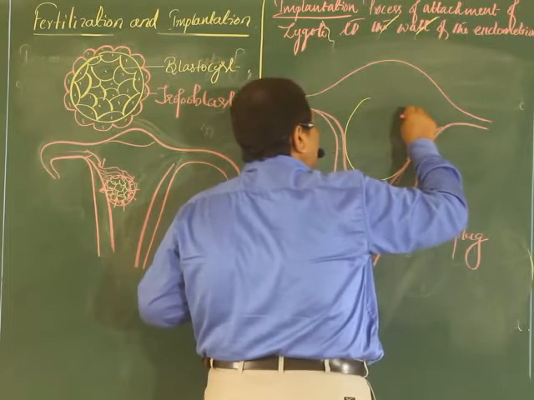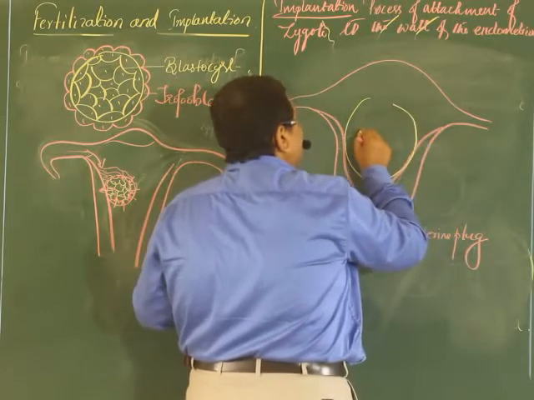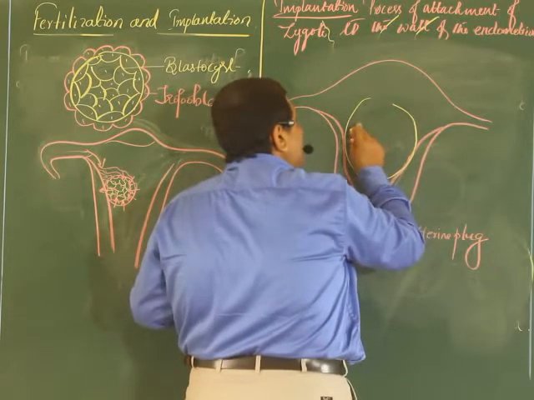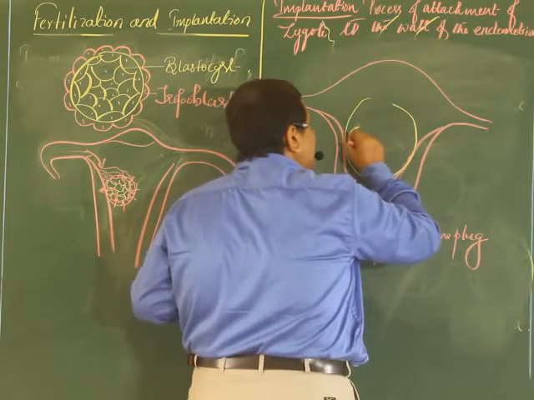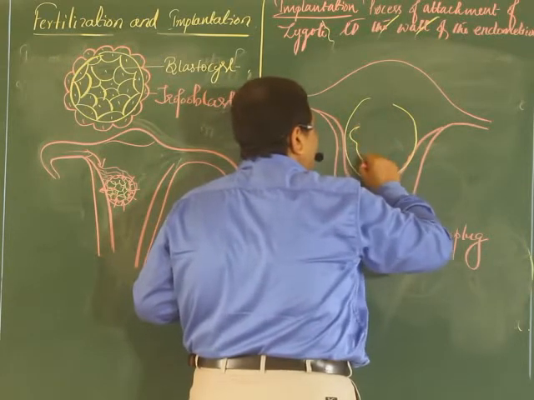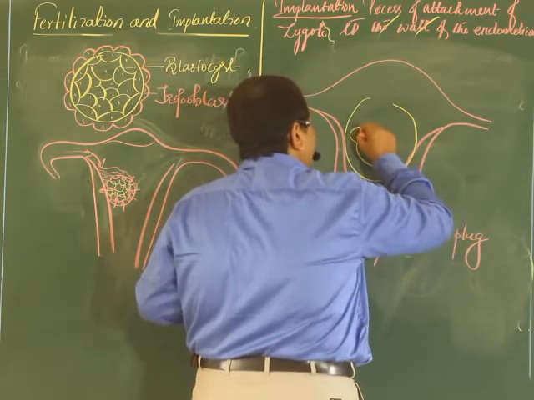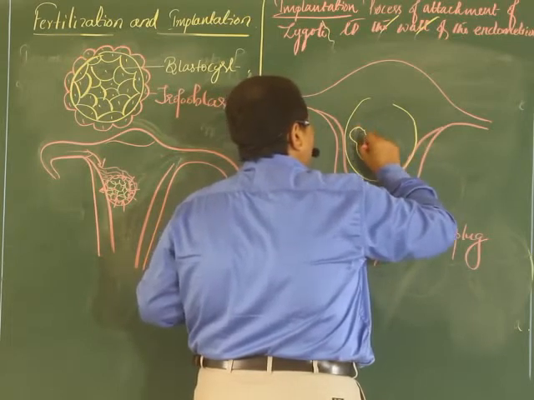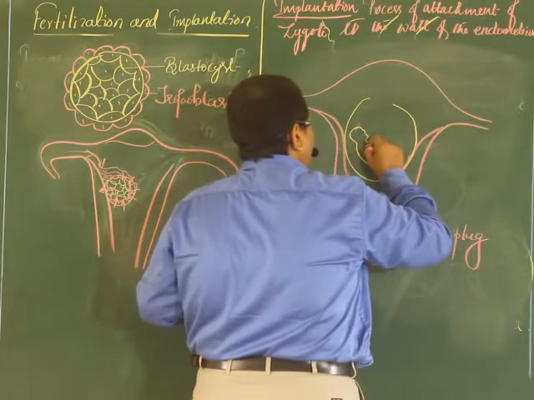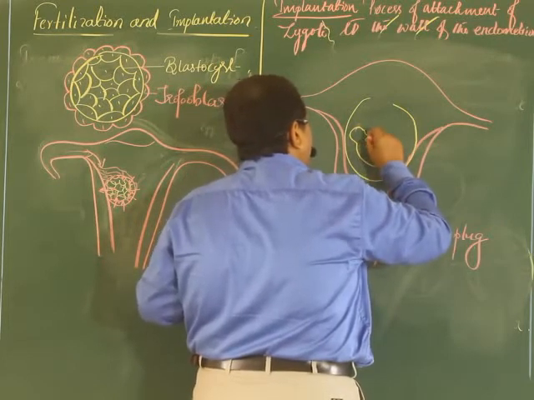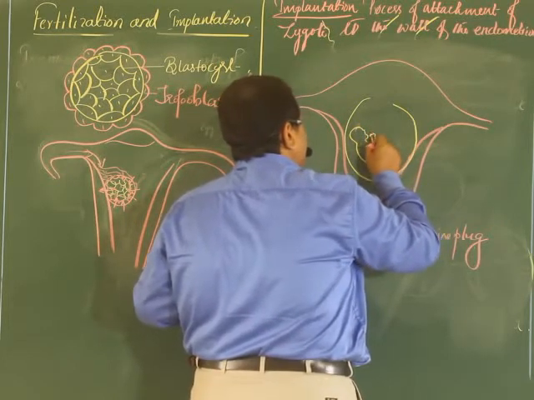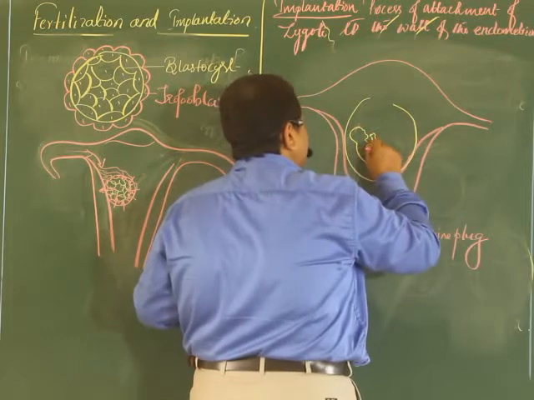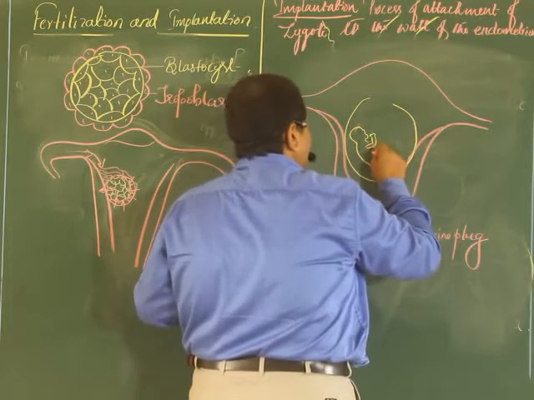This particular placenta protects the child which is growing inside. The child will develop inside like this. Okay.